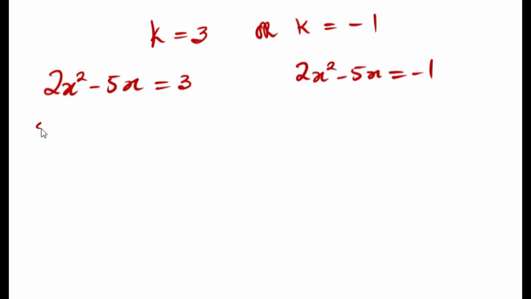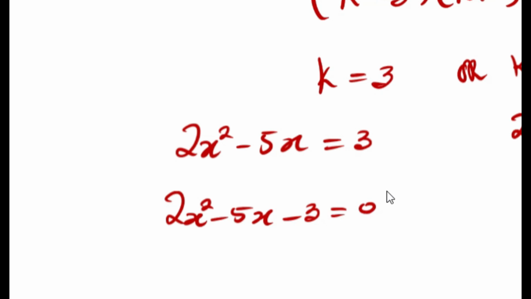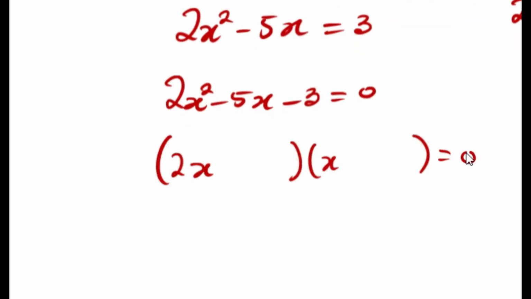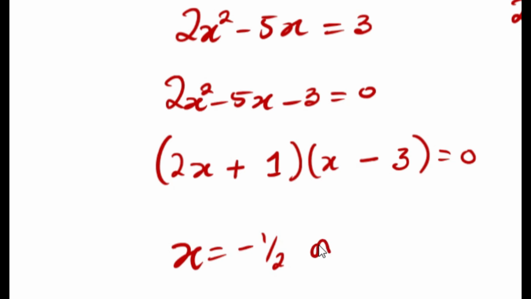Now they are both trinomials, so we can actually factorize them to get our answers. For the first one, you'll get, so our first two answers, x is equal to -1/2 and x is equal to 3.